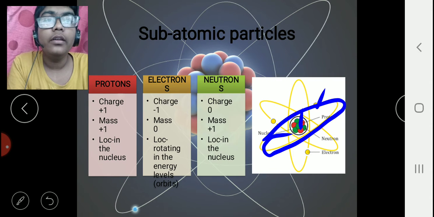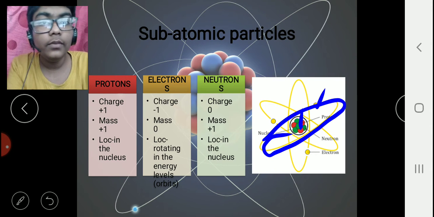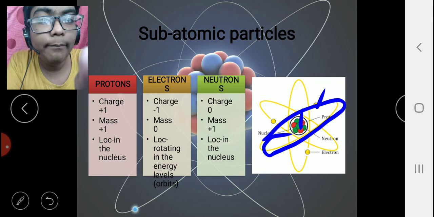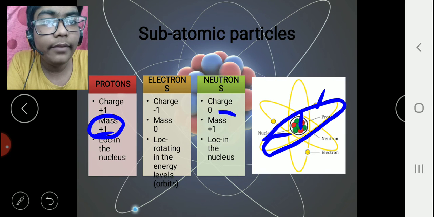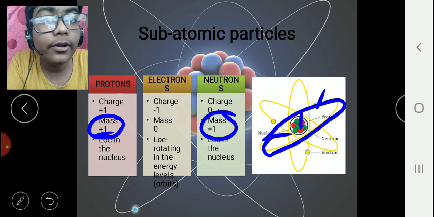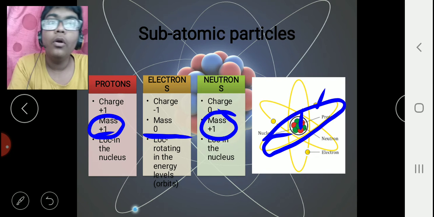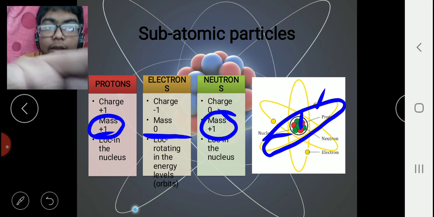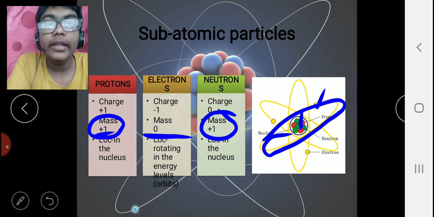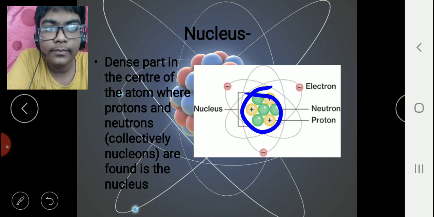Here in the subatomic particles, you can see that the protons have +1 mass, while the neutrons have +1 mass. The electrons have negligible mass. Therefore, the mass is always calculated on the basis of protons and neutrons. It cannot be calculated on the basis of electrons because they have negligible mass.